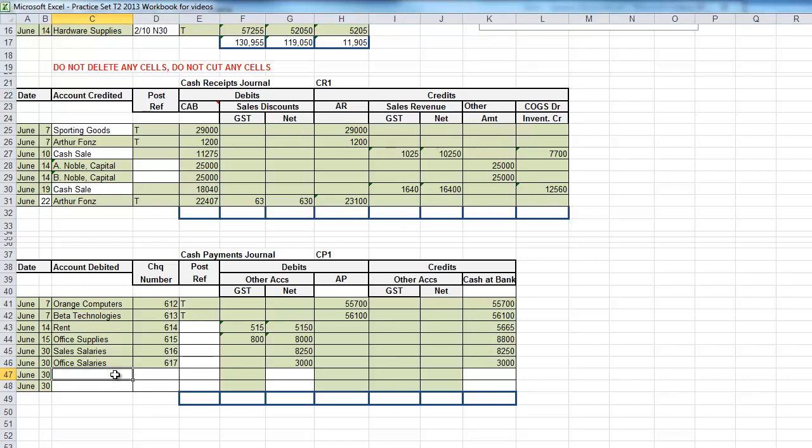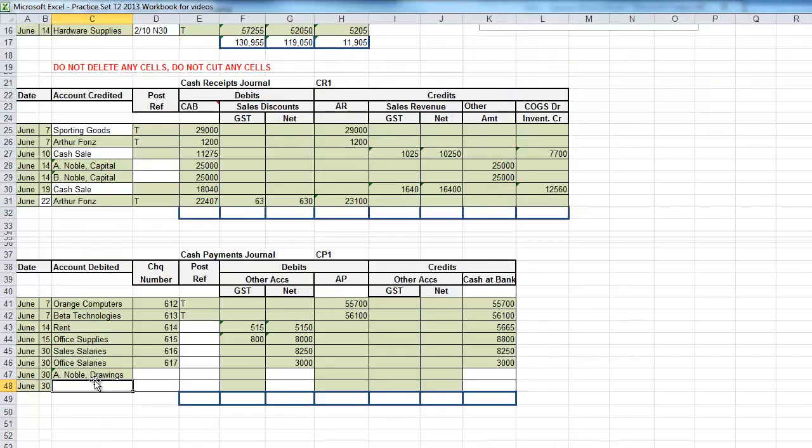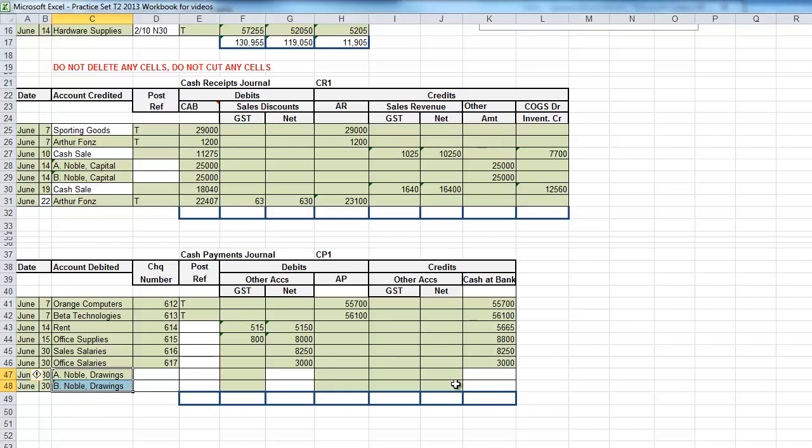So there will be, let's find out the accounts. They're drawings, so we'll go to the trial balance, opening, and we see we've got A Noble Drawings, account number 306, and the next one will be B Noble Drawings. So I can just fill that down. The amount is $2,500 each.